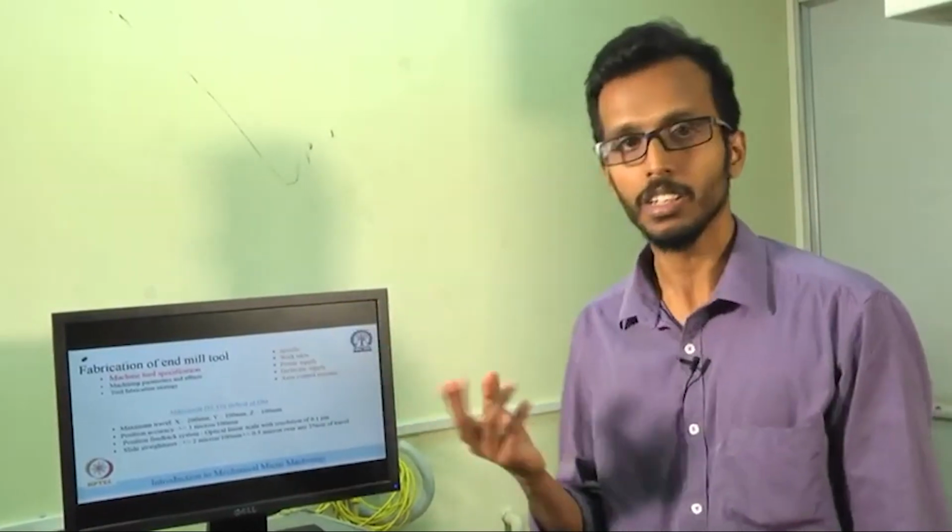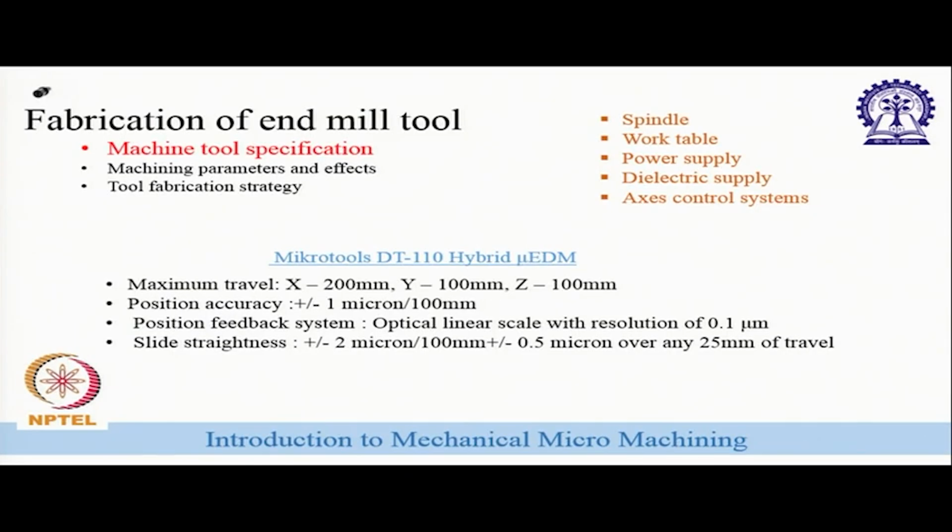Okay. And what are the parts of the machine? We have the spindle, to which we will be connecting the tool electrode, and the work table on which we will be setting our work. Power supply, a DC power supply, that's a pulsed power supply, and the dielectric supply, that dielectric fluid I told you before, EDM 3 oil we are using, and axis control systems.